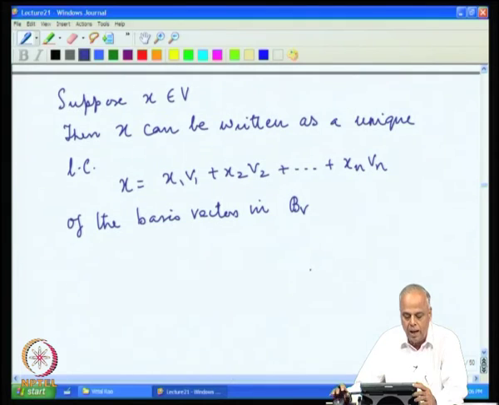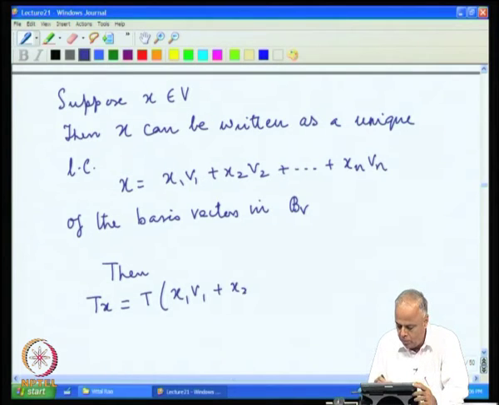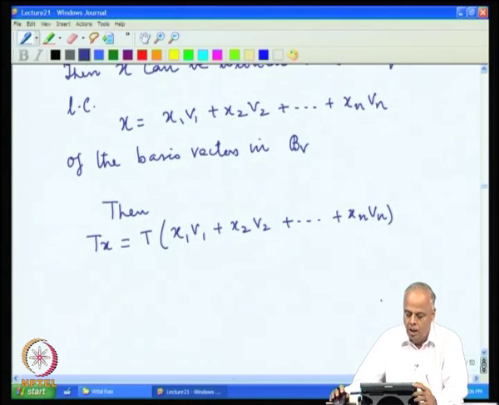Now, once we do that, we want to know what is Tx. Then Tx should be T of x1 V1 plus x2 V2 plus xn Vn. Now, we would like to have T to be linear. We are trying to define a linear transformation.